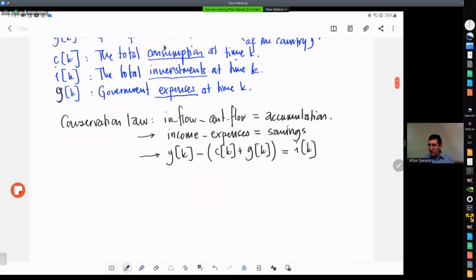If we rewrite this, we have y of k equals c of k plus I of k plus g of k as the main conservation law.